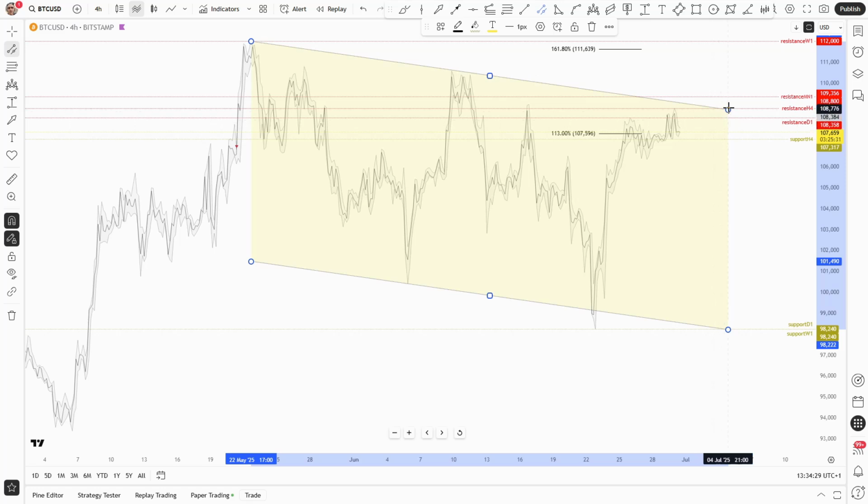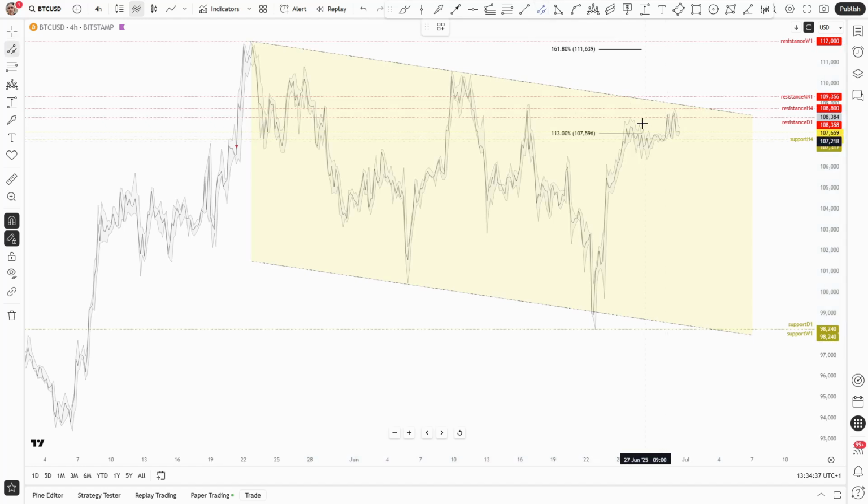So we are approaching the highs again of this parallel channel. Let me use the trend line above covering the highs and the trend line covering the support level. So as you can see, this is what we may call an ascending wedge.